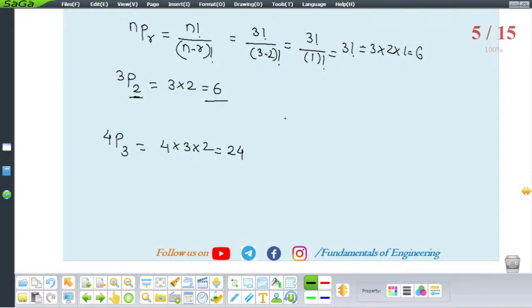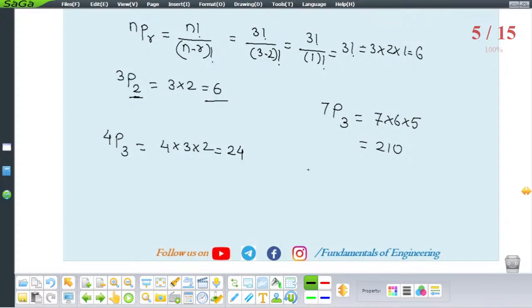Now if higher values are there, that is 7P3, no need to use this formula. You can get the answer. You have to write down 7 in a reverse way 3 times. 7, 6 into 5. 6 into 5, 30, 30 into 7, 210, that is the answer.